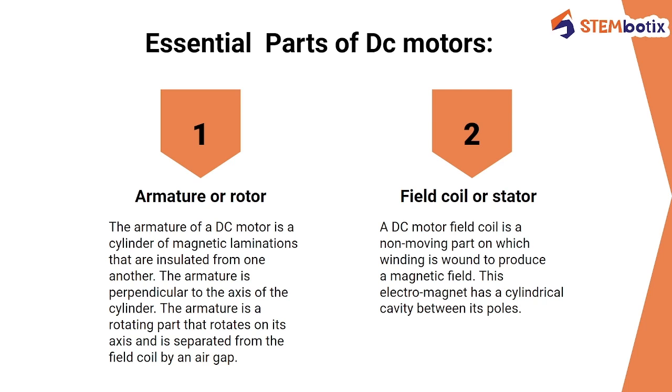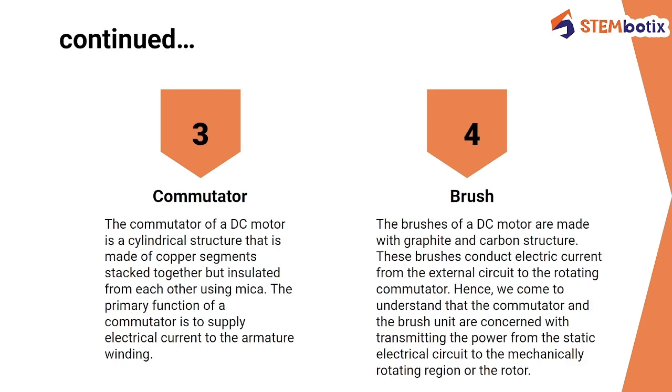These field coils are responsible for producing a magnetic field, and they are the stationary part. This electromagnet has a cylindrical cavity between its poles. So the armature is the rotating part while your field coil is the stationary part, which is the stator.